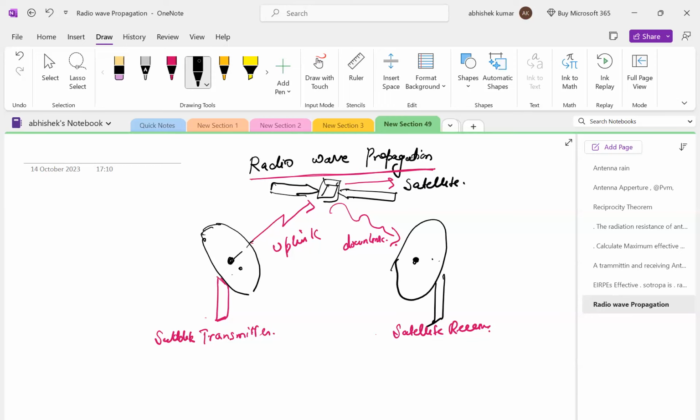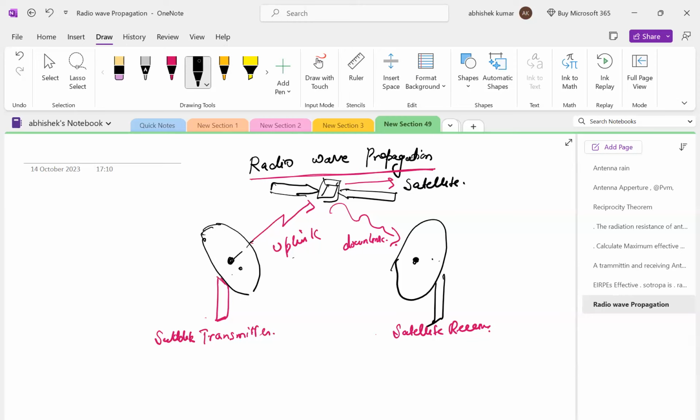So there is one clear path from the transmit antenna to the receive antenna, with no obstruction or attenuation along the path and no reflection from other objects. Now we have uplink and downlink. Uplink is the uplink frequency.